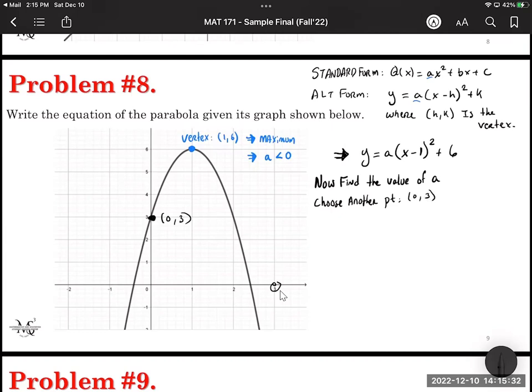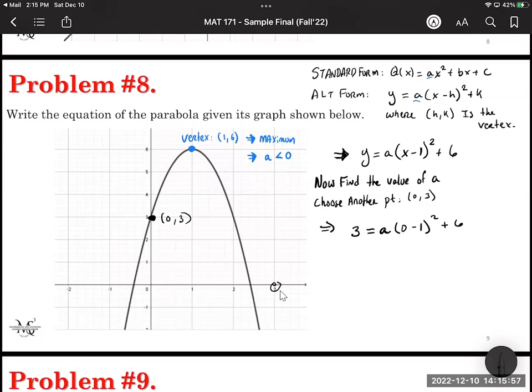Okay, so I can plug that point into my equation. We get 3 equals the value of a, which we're going to find, times x, which is 0, minus 1 squared plus 6. Let's work this out. What is 0 minus 1?